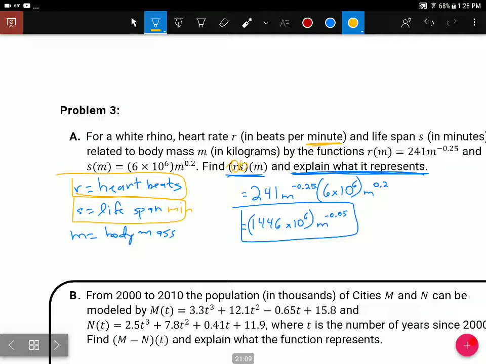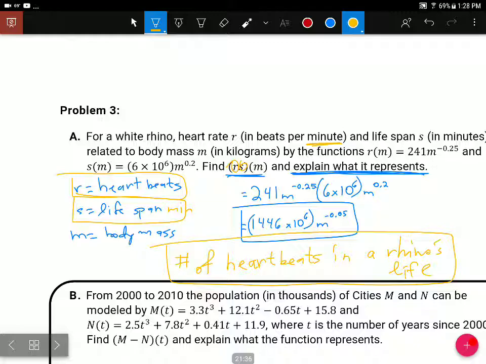Well, if it's this many heartbeats in a minute, that many minutes in the life, it is the number of heartbeats in a rhino's life, which is actually kind of a morbid thought. It's like you have 437 million heartbeats left to go, Rhino. What? That's what it is.